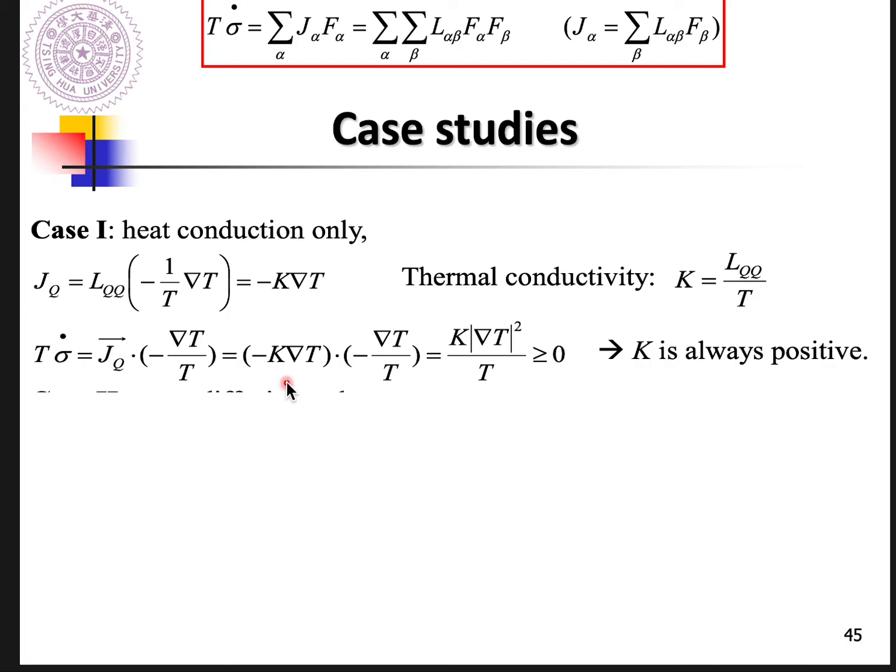Based on Fourier's law, it is minus kappa times the temperature gradient. And this time you just copy it. So the result is kappa gradient T squared, divided by T. And if you divide by this T here, then you can directly get the entropy production rate per volume, right? So this is how we describe this thermal flow process.